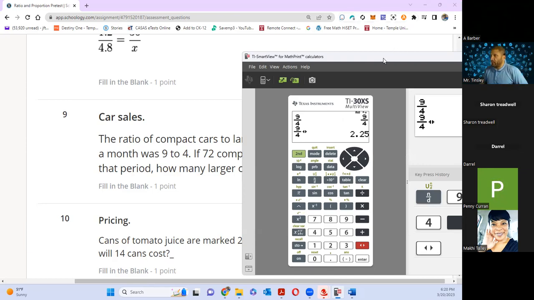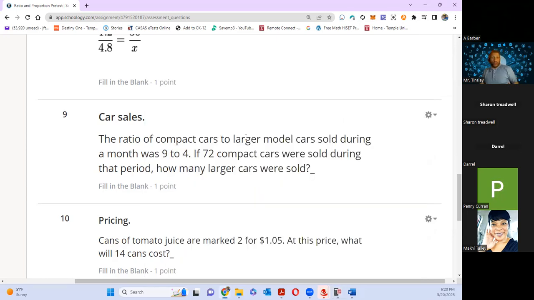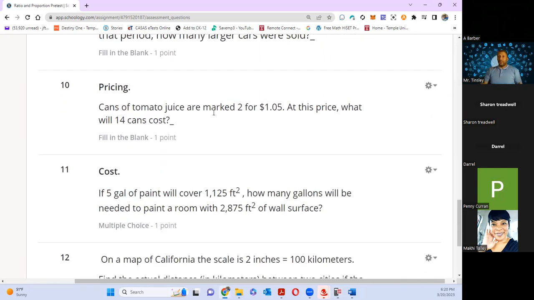Let me show you an example. In that second one, I would use equivalent fractions. Here, a can of tomatoes. So let's change this price a little bit, or you don't have to, but I'll show you. We'll do 10 and 11 real quick. Matter of fact, I'll change them up so they'll make sense. So say, for example, this said, I don't know, two for $1.05 is fine, right?